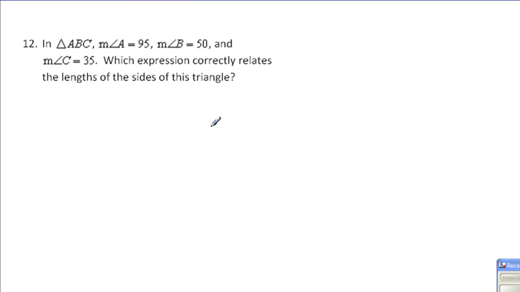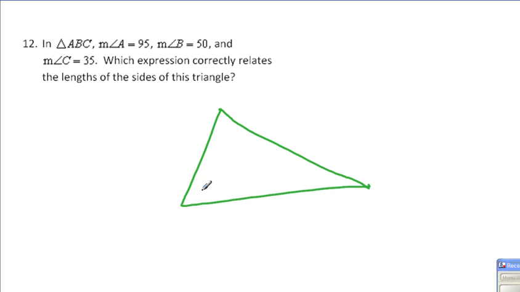Alright. So here we have three angles. So let's just draw the picture. Let us say this is 95, this is 50, and 35.